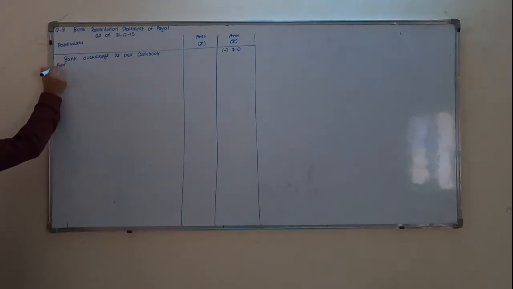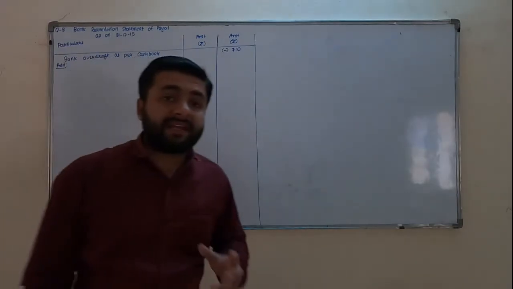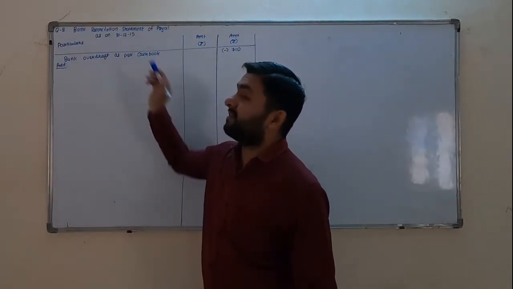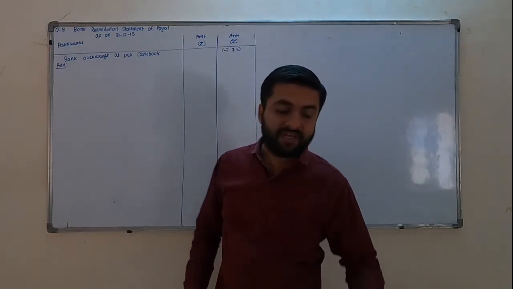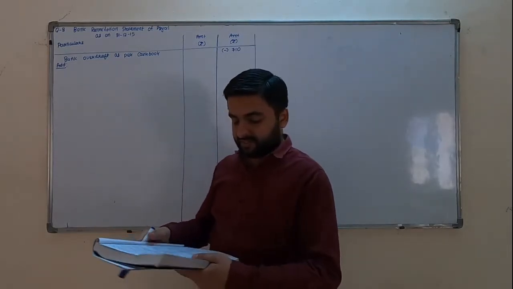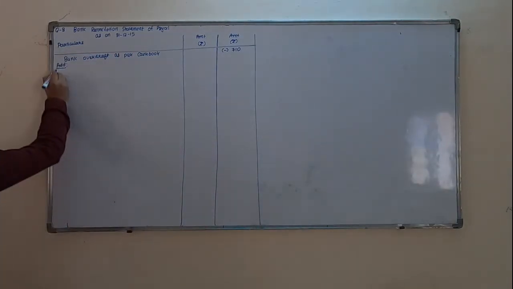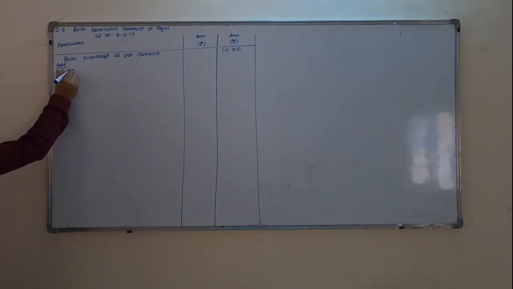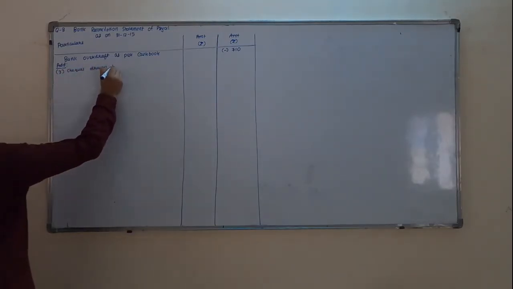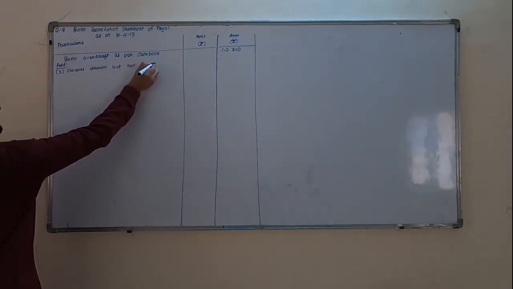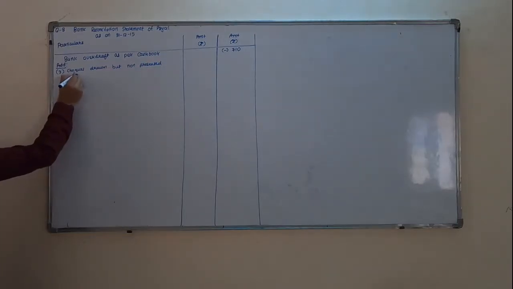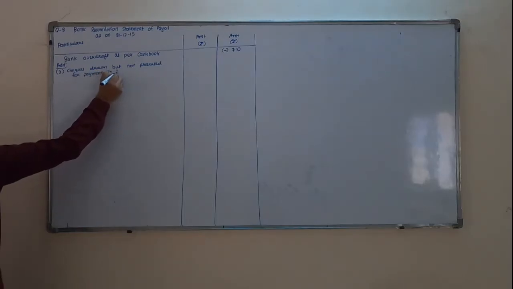Then transactions to add. Now see, directly we will start from the second, because this thing is only in the first point. So here in add and less you will not find that first point. Okay. Now the first transaction which is to be added is number 3. Checks drawn but not presented for payment in this month.